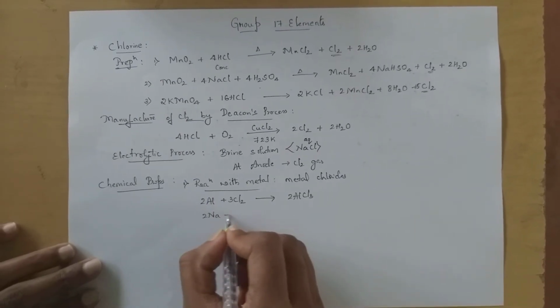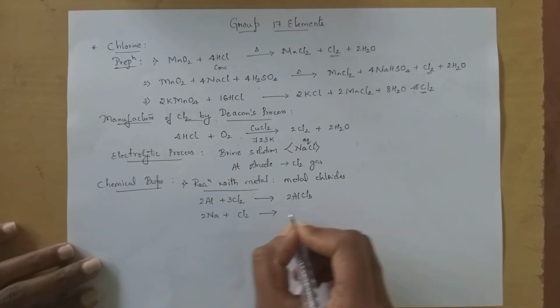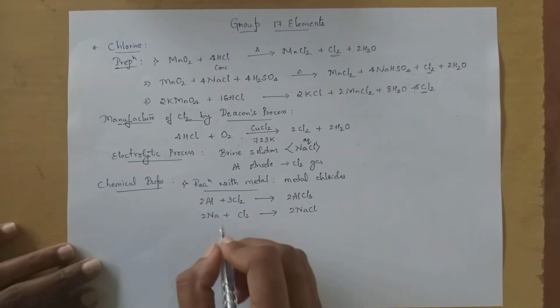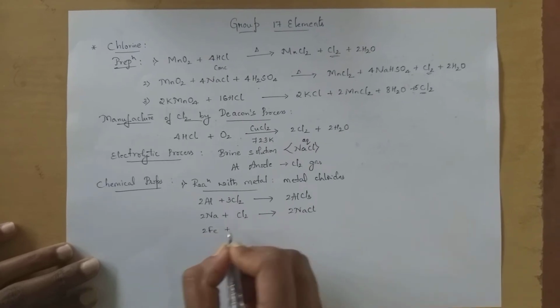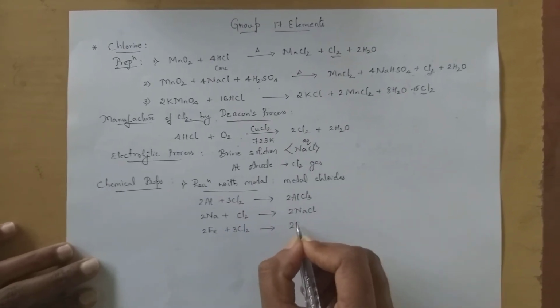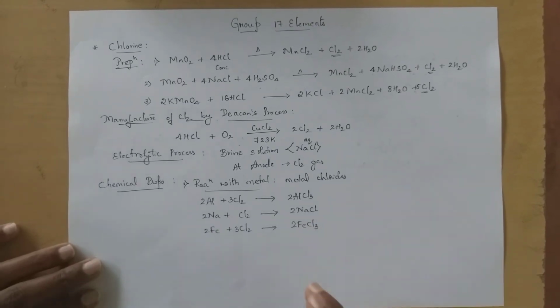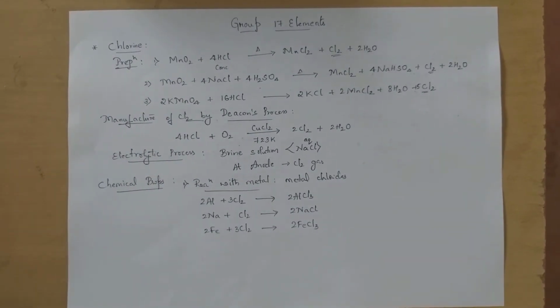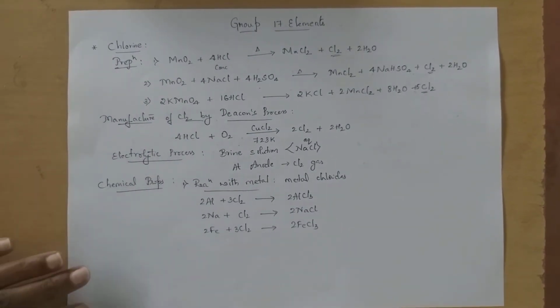Similarly, sodium reacts with chlorine to form sodium chloride. Then iron reacts with chlorine to form FeCl3. Like this, several metals react with chlorine to form respective metal chlorides.